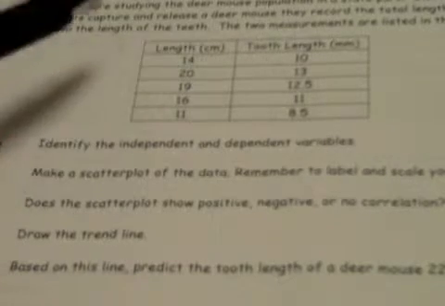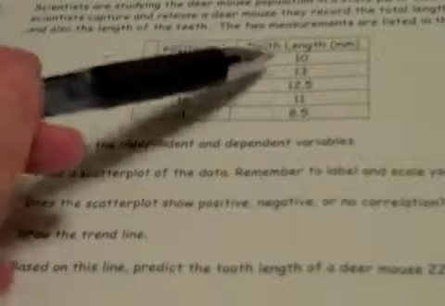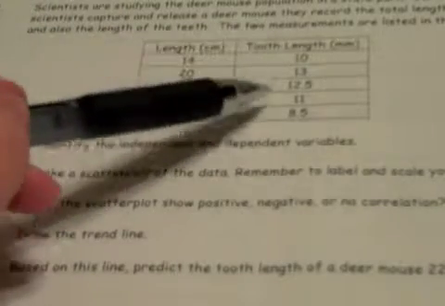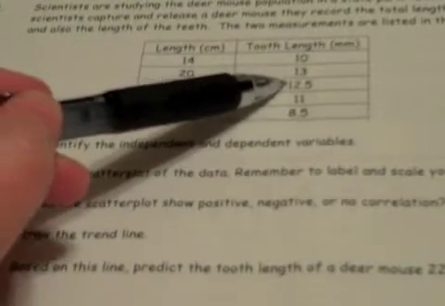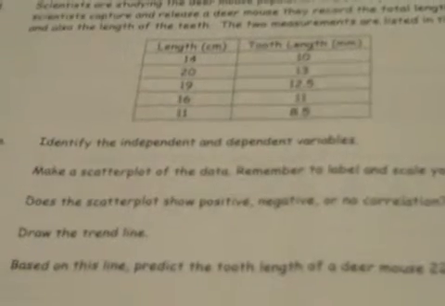The length in centimeters, the smallest number is 11 and the largest number is 20. The tooth length, the smallest number is 8.5 and the largest number is 12.5. So if I need to go from 11 to 20, the first thing I need to know is how much room I have on my graph paper. Well, let's count.